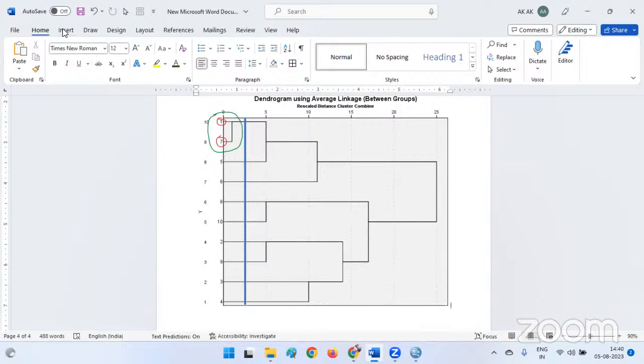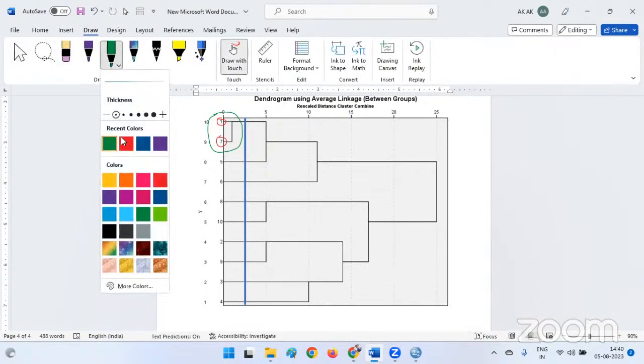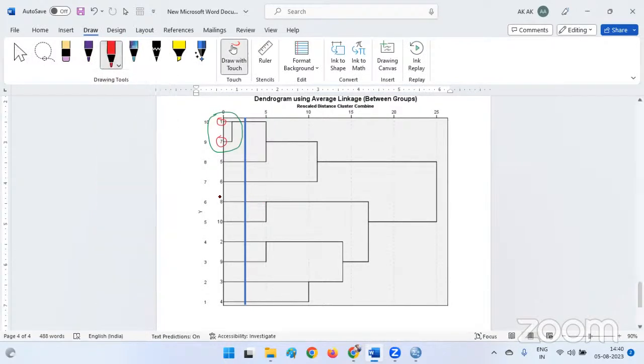So what is the next data point that is meeting? That is 5. 5 is meeting at level 5. On level 5, 8 and 10 are meeting with each other. 2 and 9 are meeting with each other. And 5 is meeting with existing 1, 7.